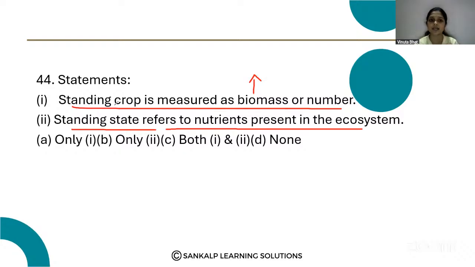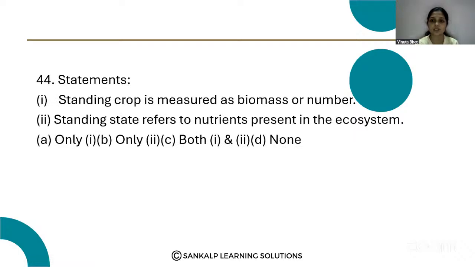So standing crop is measured as biomass or number. That is the correct one. Standing state refers to nutrients present in the ecosystem. So here, both the statements are correct, option C. Standing state refers to the nutrients present in the ecosystem.